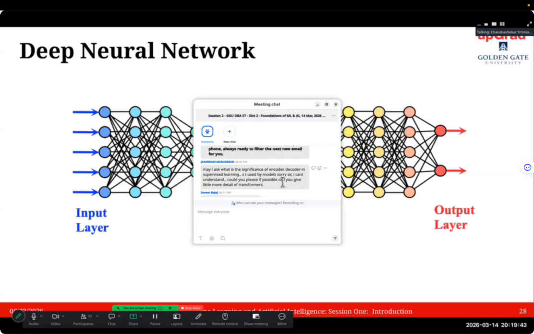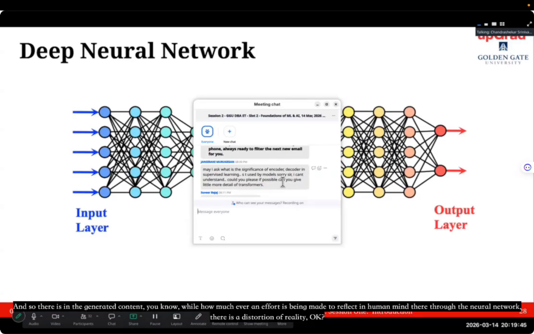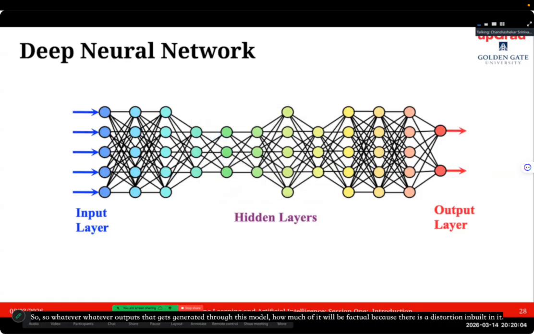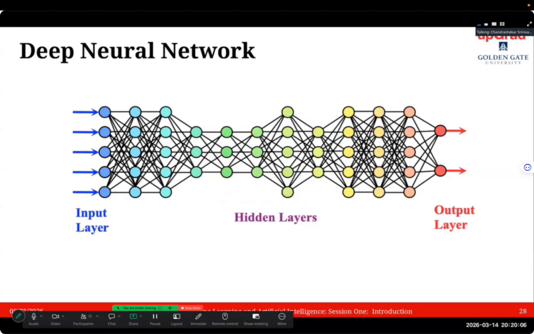Correct. However much effort is being made to reflect a human mind through the neural network, there is a distortion of reality. So whatever outputs get generated through this model, how much of it will be factual? Because there is a distortion built into it.